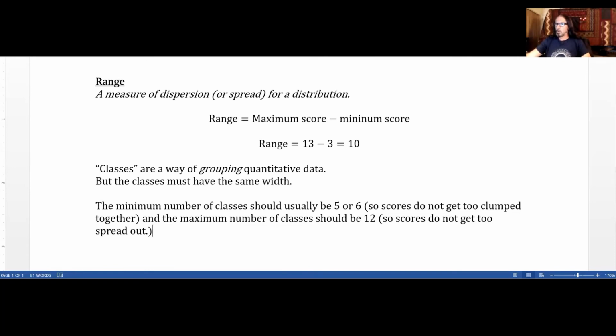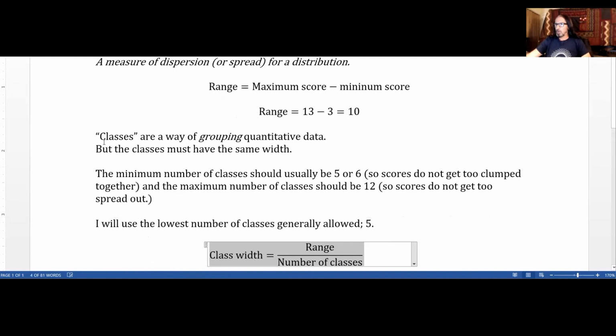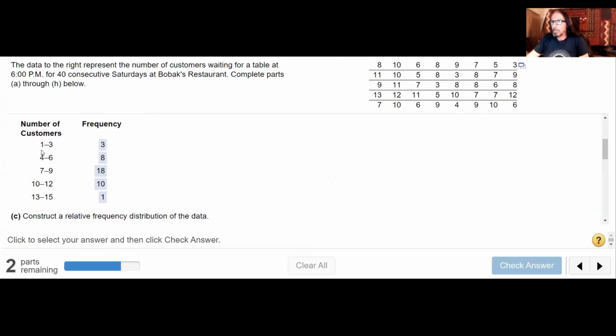Several low rectangles, not being able to tell too much difference between them. So what if I went with 5? I could divide up, that range was 10. If I go with the lowest one, 5, I could have these all go by 2s. However, I mentioned earlier to be going with 3. The class width is 3.